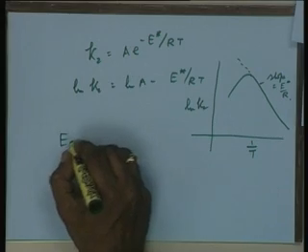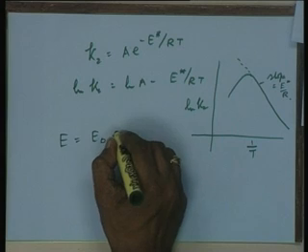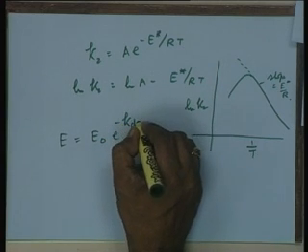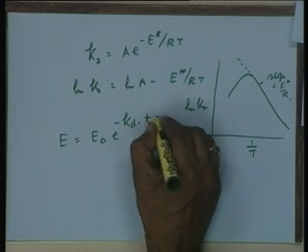But if the temperature is shifted drastically to the higher side, the deactivation occurs, and a very broad picture of deactivation, as we discussed earlier, is represented by first order deactivation kinetics, where you can define E is equal to E naught e to the power minus k d into t.